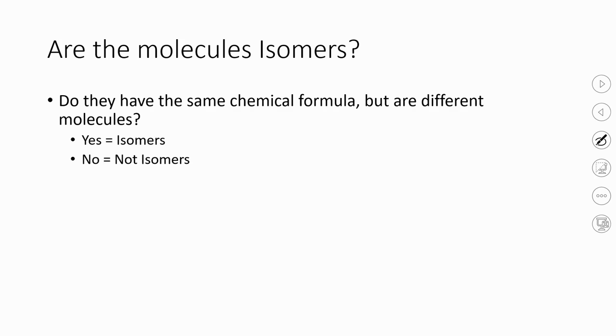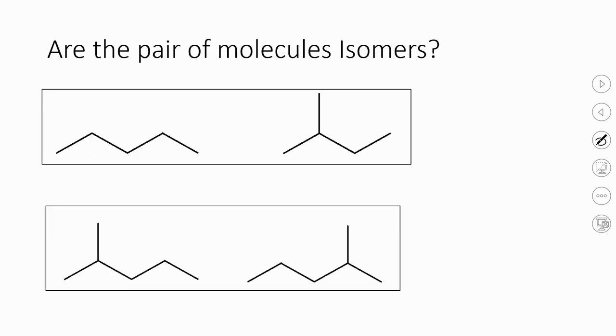Because sometimes you can have the same molecule but draw it in a different way, and then it's the same molecule. So it has to be a different molecule with the same chemical formula. Let's look at this example. Go ahead and see if these are isomers. Do they have the same chemical formula, but they're different?